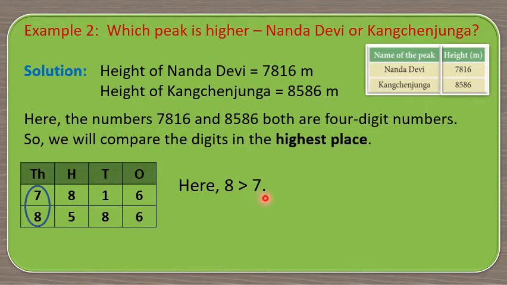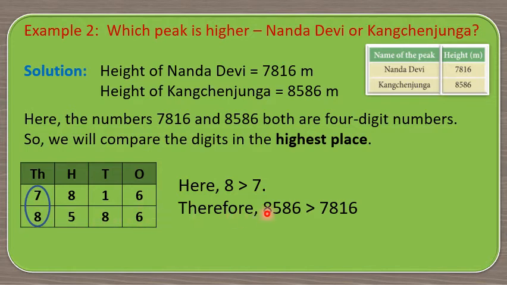We studied about number lines earlier. So in a number line, 8 comes towards right of 7. Therefore, 8 is greater than 7. So since 8 is greater than 7, we conclude that the number in which 8 is in the thousands place is greater than the other number.